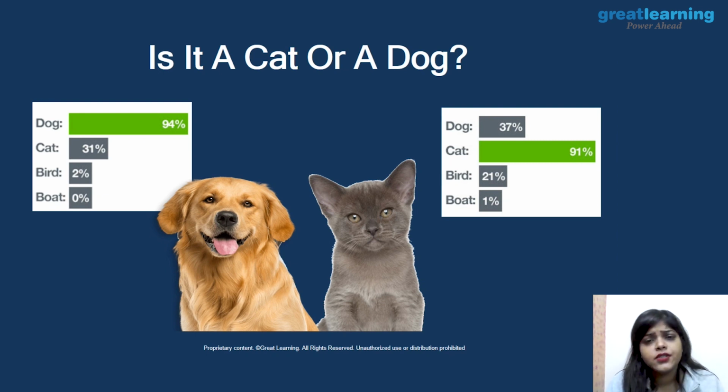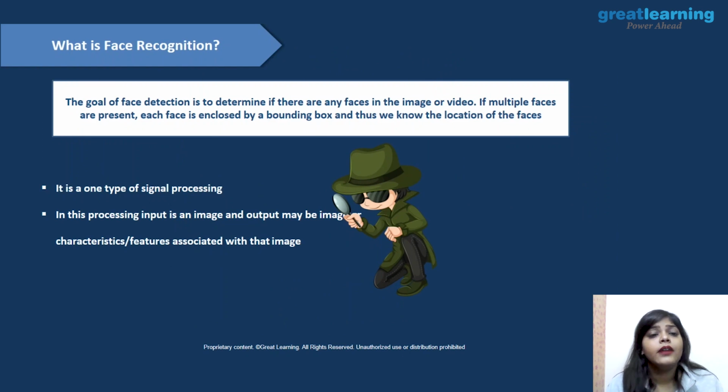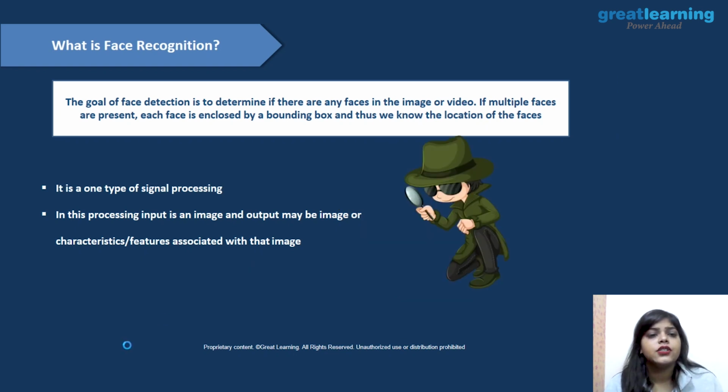There are lots of applications for image processing in today's world, but this is one of the most used concepts. Now we will have a look at what face recognition is. Face recognition also comes under image processing, because at the end of the day, you have to process an image to find where your face is situated in the image. The goal of face detection is to determine if there are any faces in the images or video.